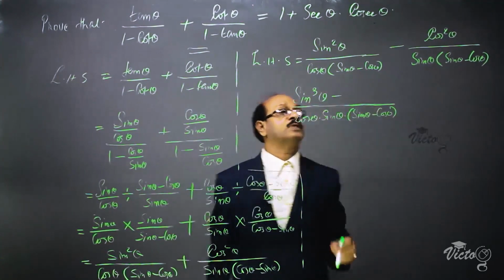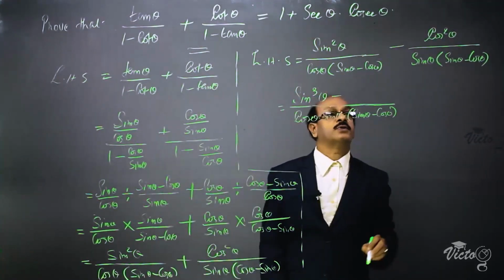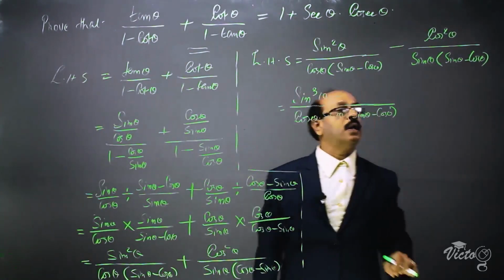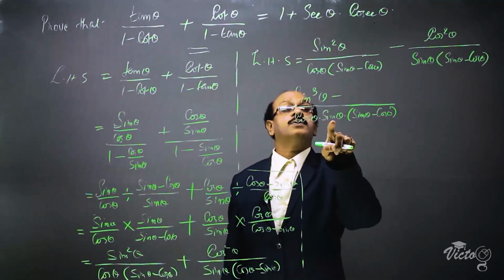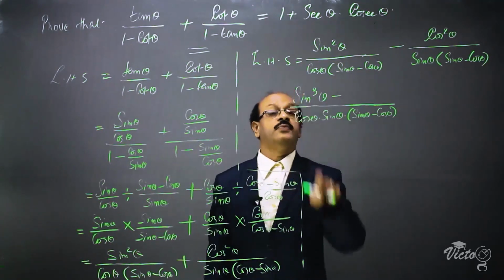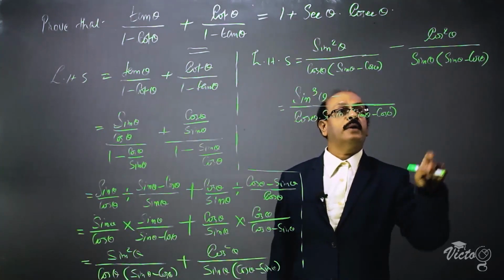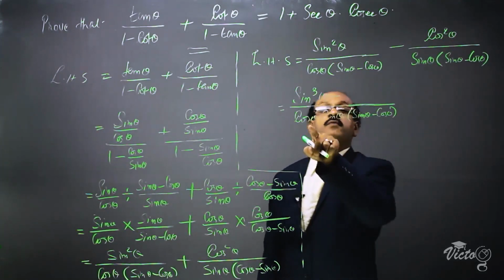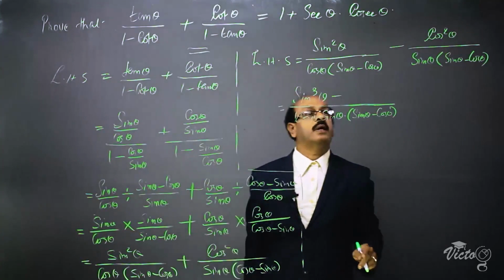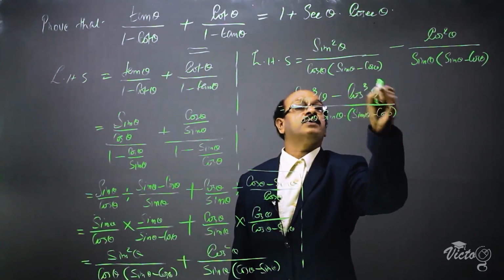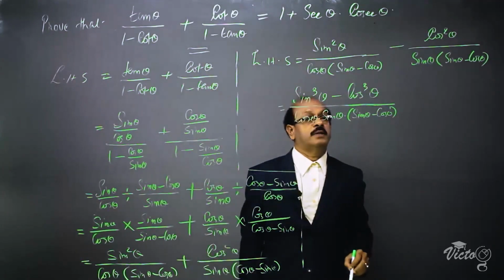The same process we adopt here also, because the denominator here is sin theta into (sin theta minus cos theta), and this cos theta is absent in the denominator. So we multiply the numerator cos square theta with this cos theta, and it becomes cos cube theta. Sin cube theta minus cos cube theta is the numerator.